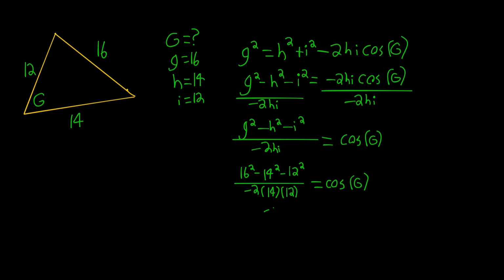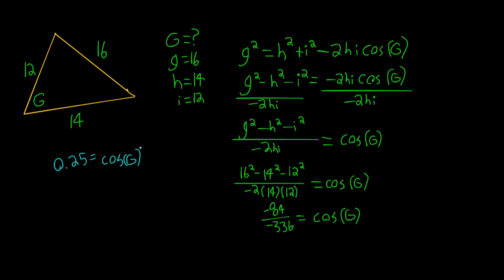So we have negative 84 divided by 2 times 14 times 12 on the bottom. Negative 336 is equal to the cosine of G. So I'm going to continue on the side here. So 84 divided by 336 gives me 0.25 is equal to the cosine of G.